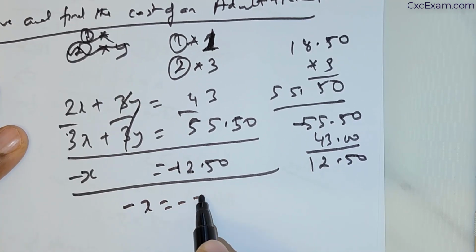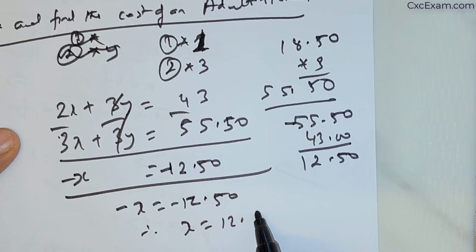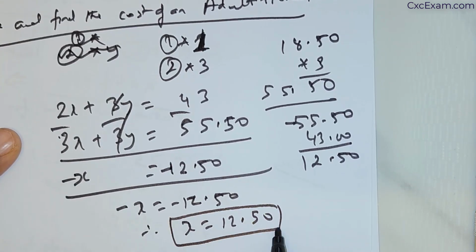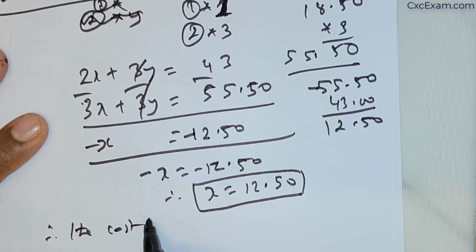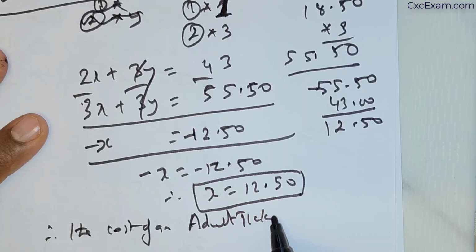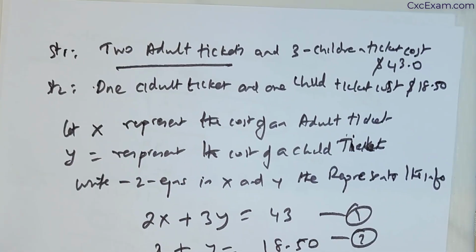So you have negative x is equal to negative 12.50. Therefore x is equal to 12.50. So therefore you need to write the conclusion. The cost of an adult ticket is $12.50, as a solution for this question.